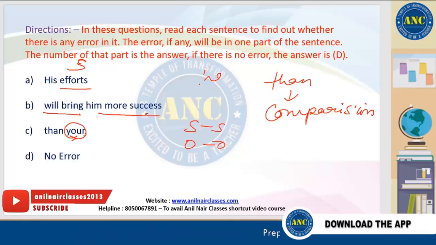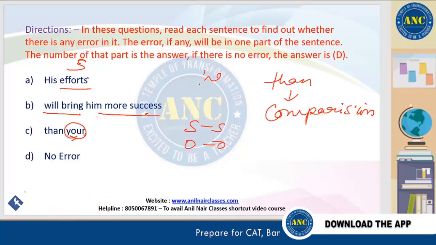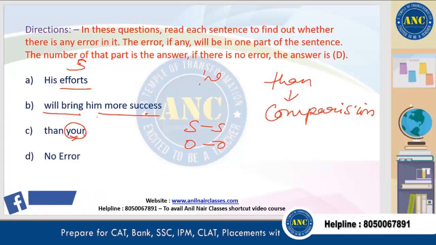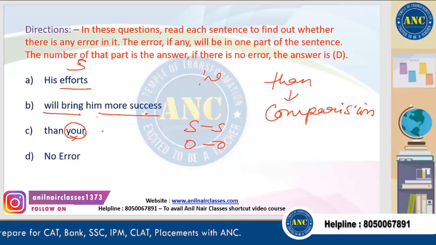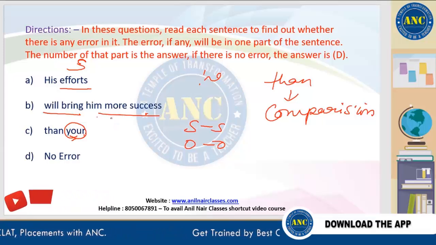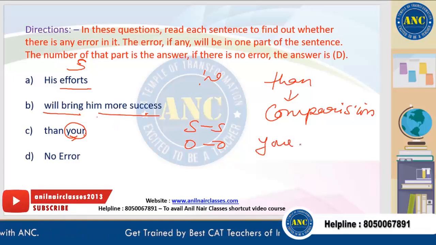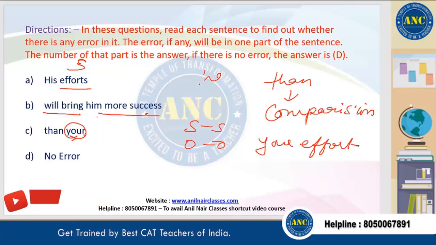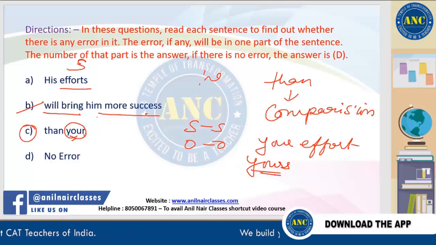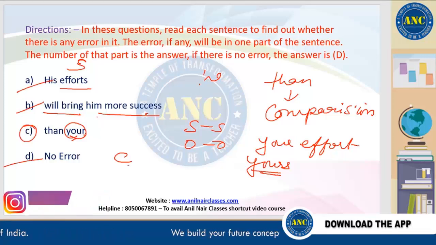Now here it is a possessive pronoun. Can you really compare an effort with your thing? Your effort, it makes sense. Either you should write your effort or you can say just yours. When you say yours also, it will make sense. So here there is an error. Get rid of this. Mark C as the answer.